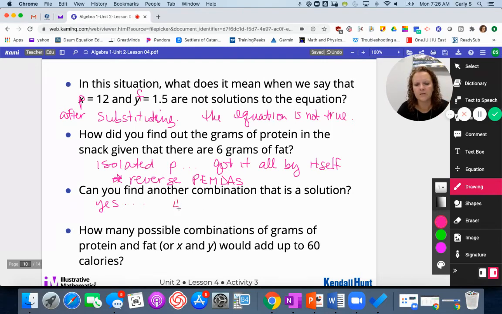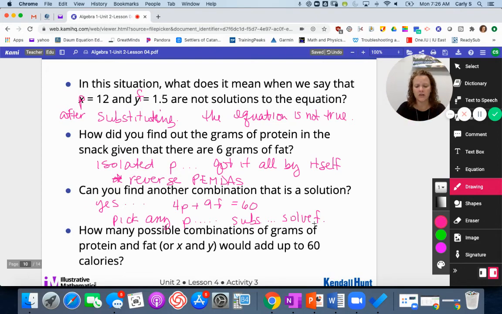It was 4P plus 9F equals 60. I can pick any P, almost any P. Substitute and solve for F, isolate F. I can plug in values and solve for the other.